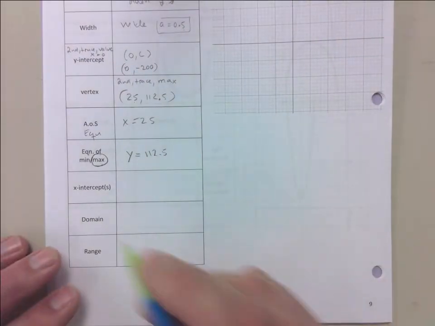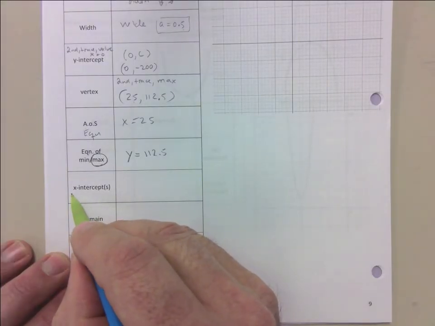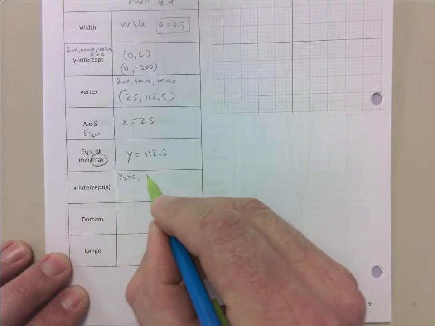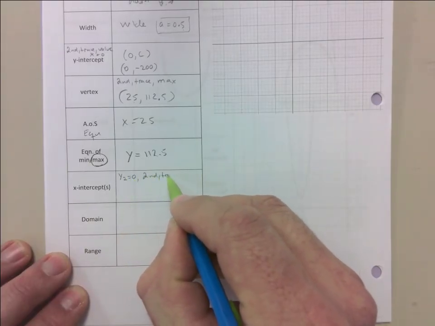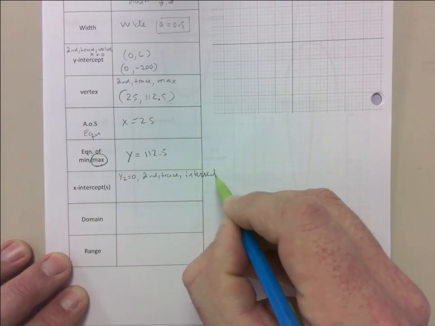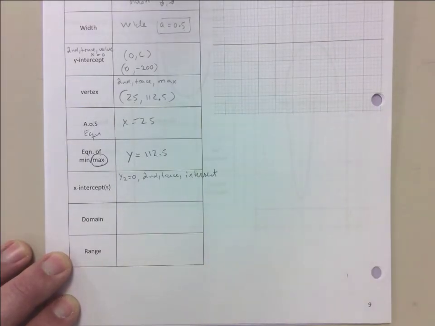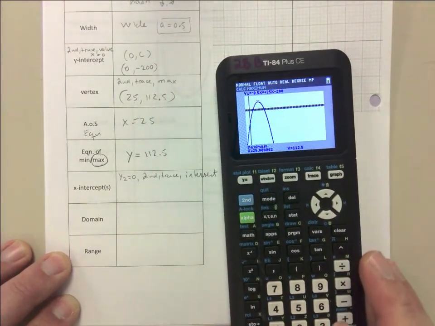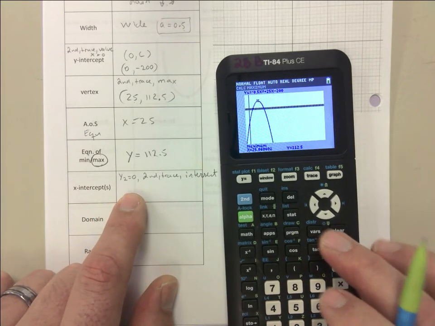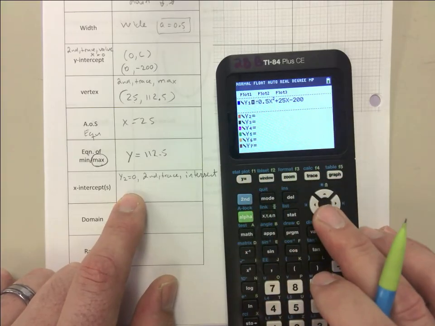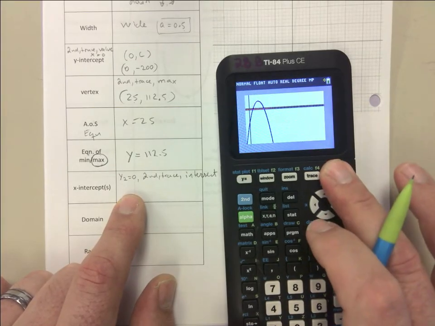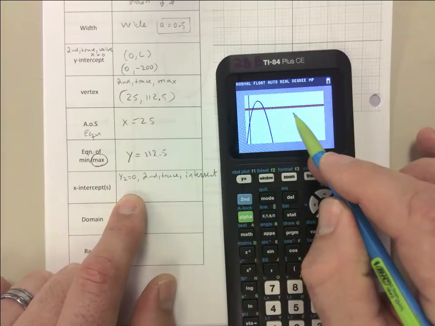X-intercepts, how do you find those? Let's do the keystrokes here. You let y2 equal to 0, then you go second, trace, intersect. And let's do that together, okay? Y equals, you let y2 equal to 0. Hit graph. You see the red line.